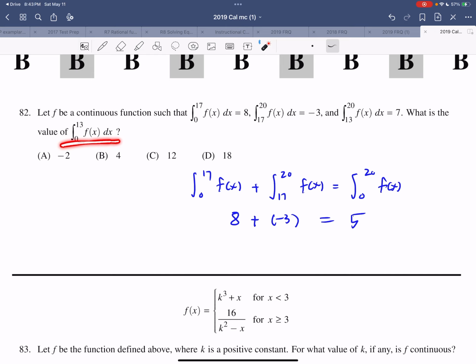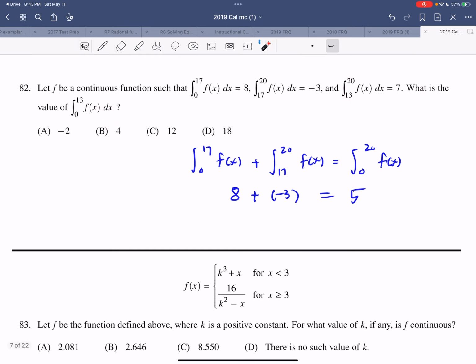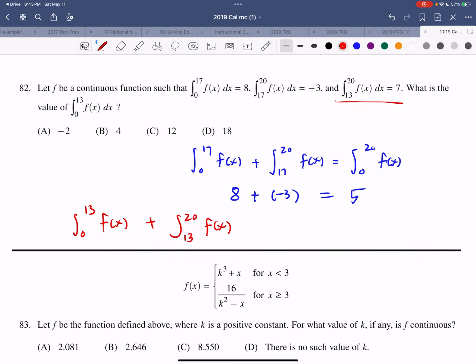And in order to get 0 to 13, this minus this will give you this, right? Or I can just write 0 to 13 of f of x plus 13 to 20 of f of x is equal to 0 to 20. We don't know what this is, so I will just write it down here, plus, now we know what this is.